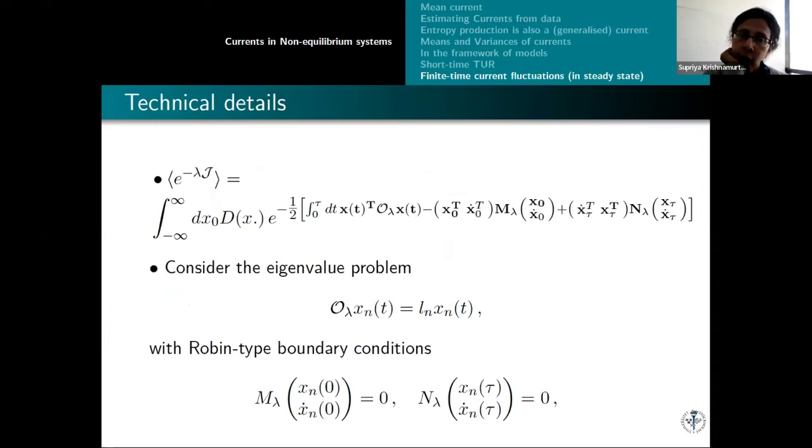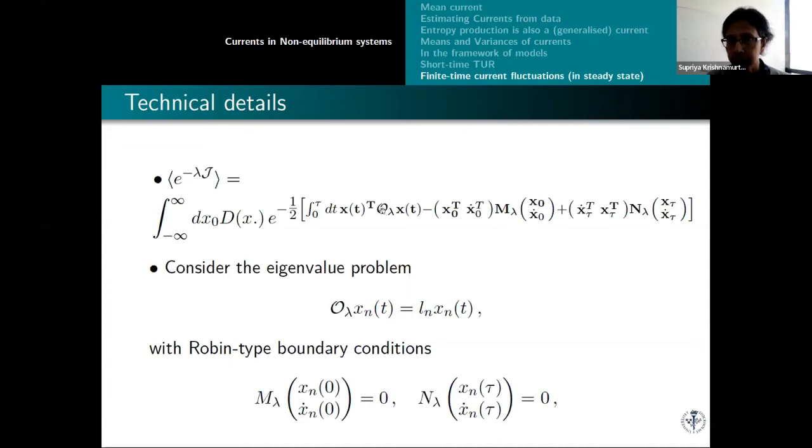We want this generating function of this current, and then we can write this in this form, with this Onsager-Machlup action, which again we've seen in some previous talks. There are also some boundary conditions that come up here. Now what we need to do is consider the eigenvalue problem of this operator.